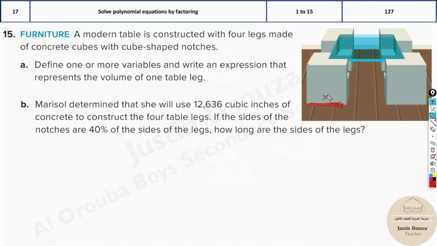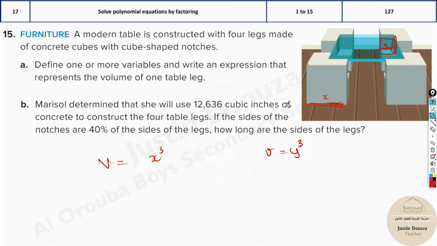One of the sides be x. So what is the volume of that cube? The bigger cube, it's x cubed. Let us take the space which is opened up, can you see it? This is also a cube, right? Let's take this side to be y. It's the smaller one, it's y. So what will be the volume if one side is y?